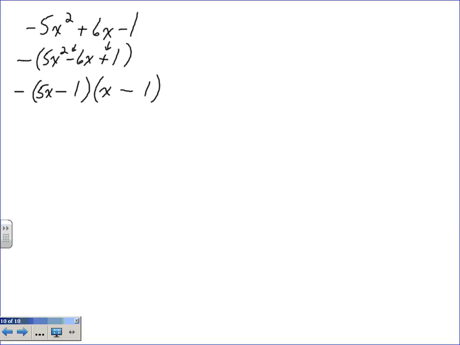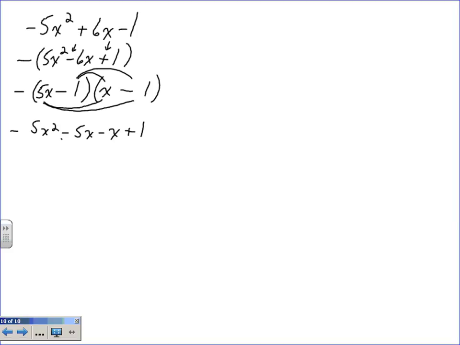Let's check. 5x times x, 5x squared. 5x times negative 1, negative 5x. Negative 1 times x, negative x. And negative 1 times negative 1 is a positive 1.